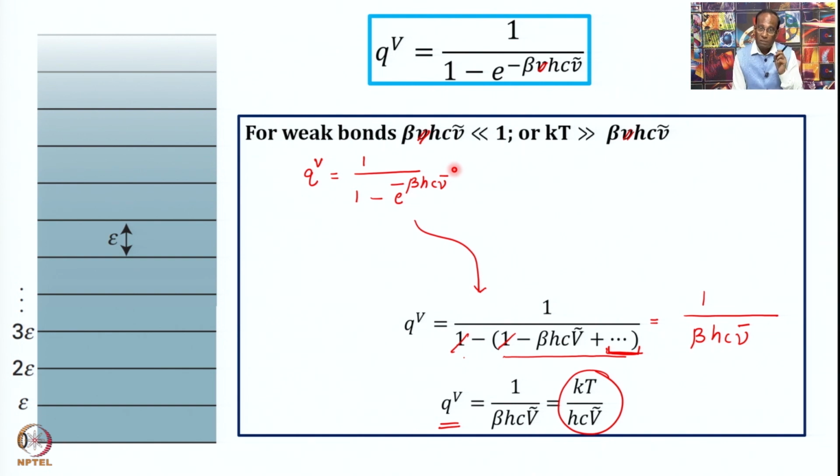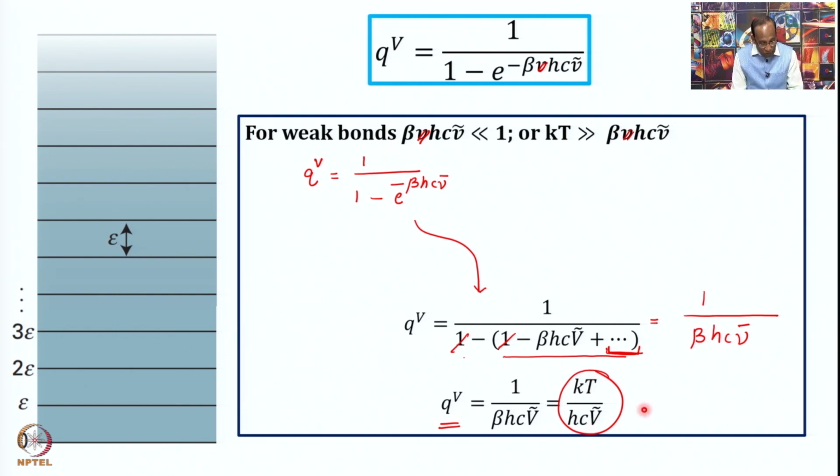However, when the temperature is high or when the temperature is low, you need to worry. If the temperature is low, you cannot ignore that. And anyway, we have shown that if the temperature is low or if nu bar is very high, then Q_V is approximately 1. However, if the temperature is high compared to the energy separation, we showed that Q_V can be approximated by kT over h c nu bar.